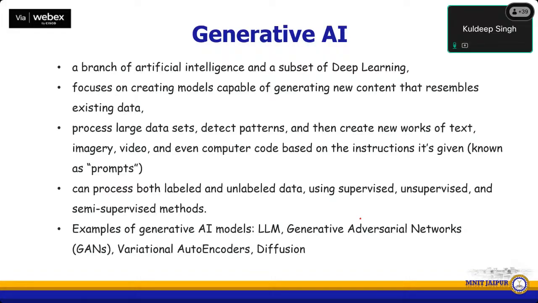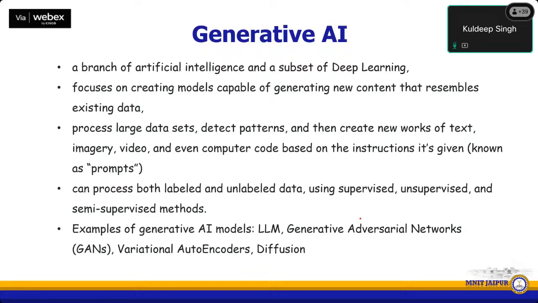They process large data and detect some kind of pattern from the large data being provided, and then they are capable of creating new works like text, imagery, video, or even software programs, computer code, based on the instructions that are given to these models. We call these instructions prompts.